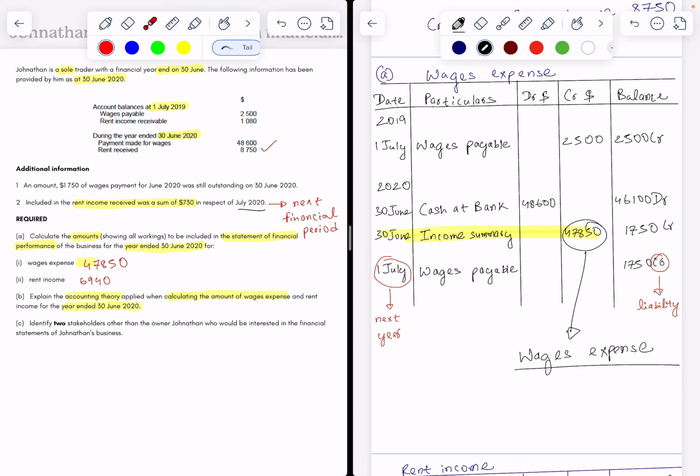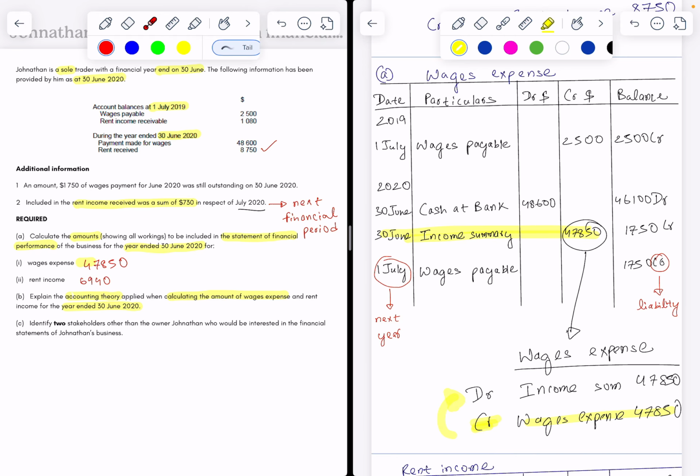So when we are closing it at 30 June 2020, we will debit the income summary account by $47,850 and simultaneously credit the wages expense account by $47,850, because we understand expenses by default in nature are debited, which means when we close them or when we reduce them, we have to credit it as part of transferring it to the profit and loss statement. Okay, so that's what's going on here. So wages expense is $47,850 that we have derived from this ledger account.